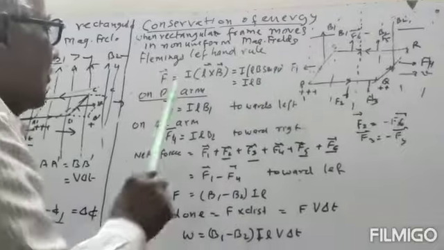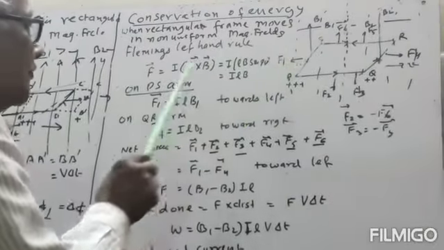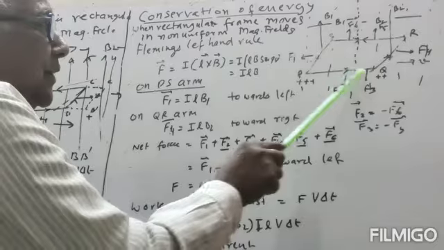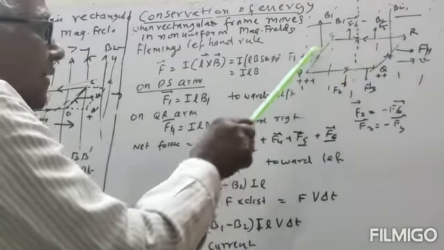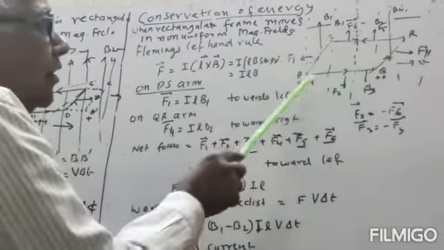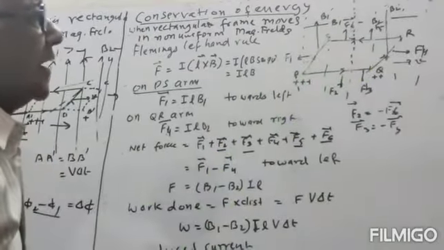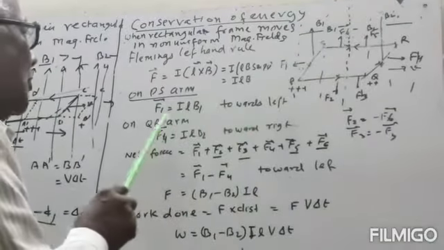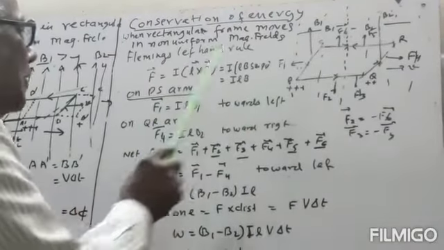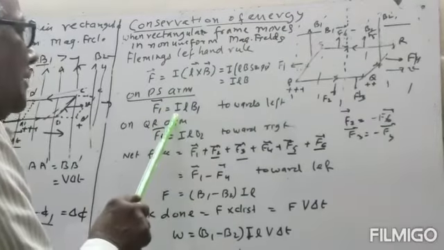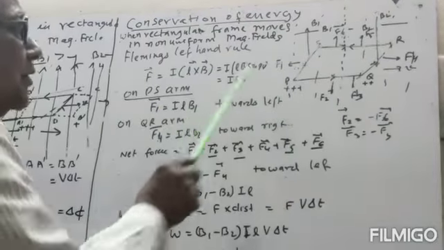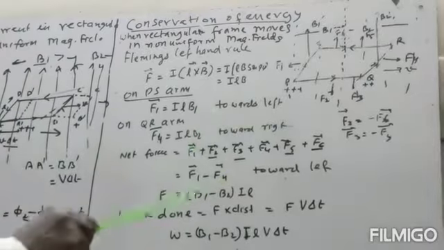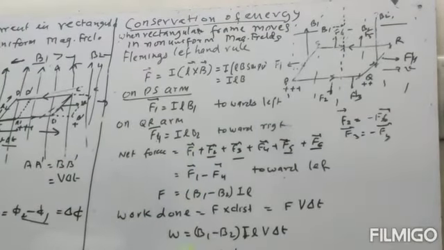And this force F1 will be equal to I, the current, which is the same for PQ, RS, SP and QR. All the current will be the same in all the sides of the rectangular frame. So F1 will be equal to I into L into B1, because the magnetic field is B1 here, and its direction will be left.